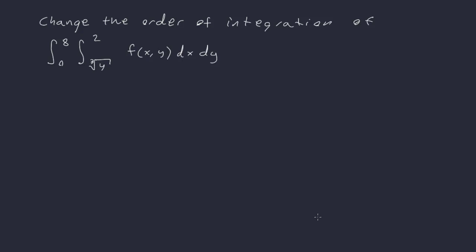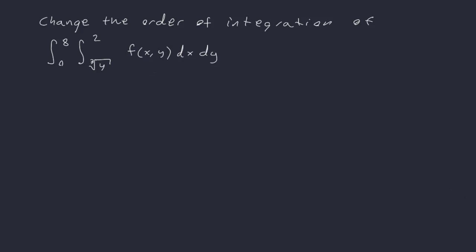Okay, so what I want to look at is, for this particular example, let's just change the order of integration for this particular problem. Okay, so say we have the integral from 0 to 8 and the cubed root of y to 2 of f of xy dx dy. Okay, now the first thing to identify when we want to do this is, well, what's our starting order and how is it oriented?